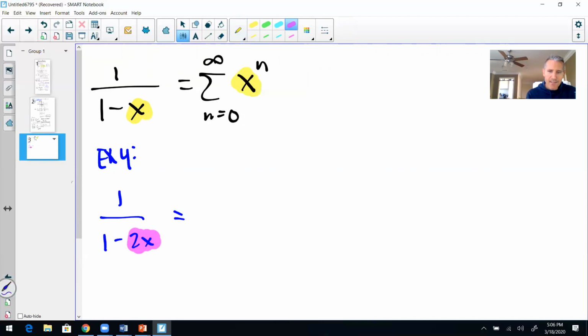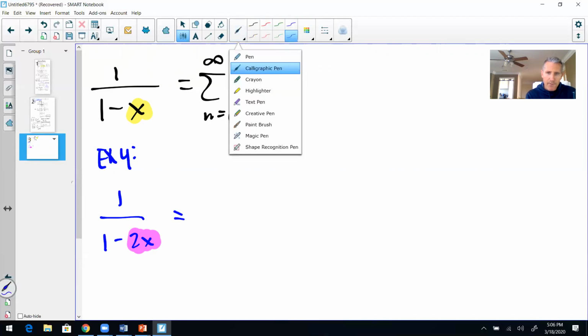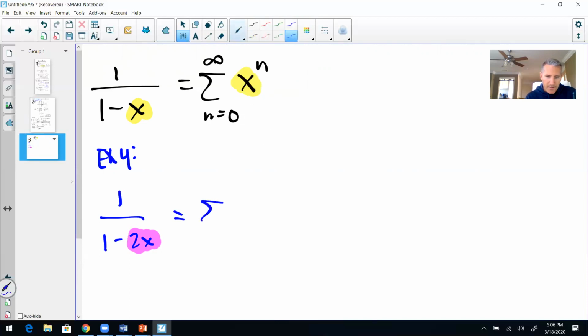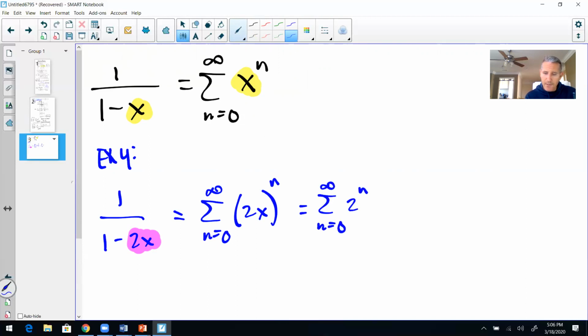So this is the summation as n goes from 0 to infinity of 2x raised to the n power, also known as the summation as n goes from 0 to infinity of 2 to the n times x to the n.